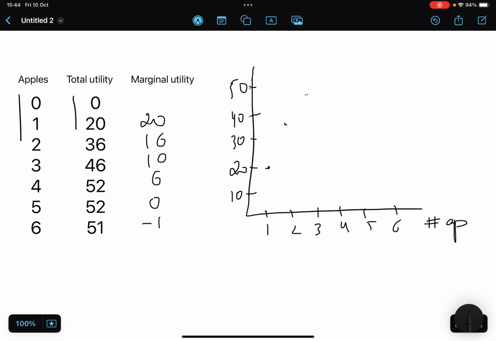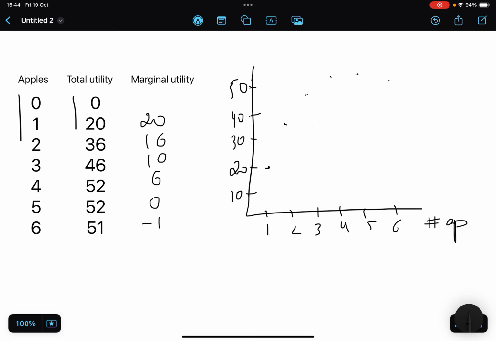For 4 apples, it's going to be 52 here, and for 5 apples, it will remain as 52 here, and for 6 apples, it's going to be 51 here.